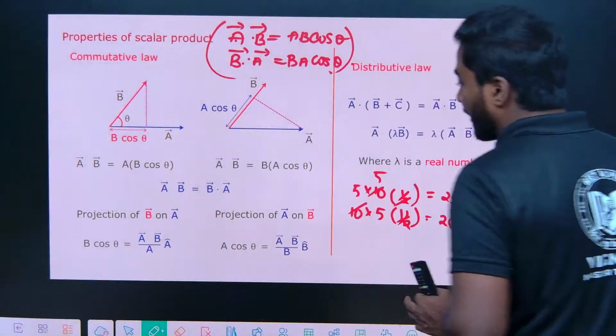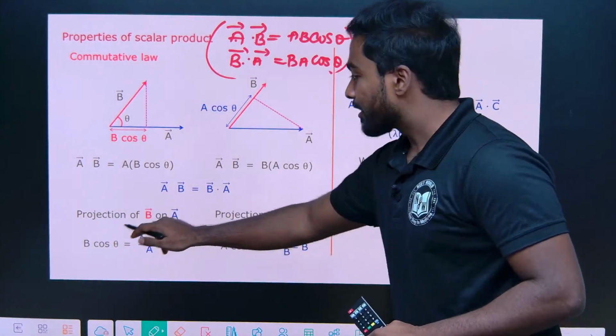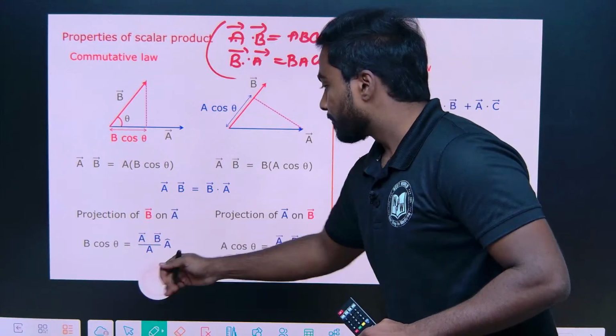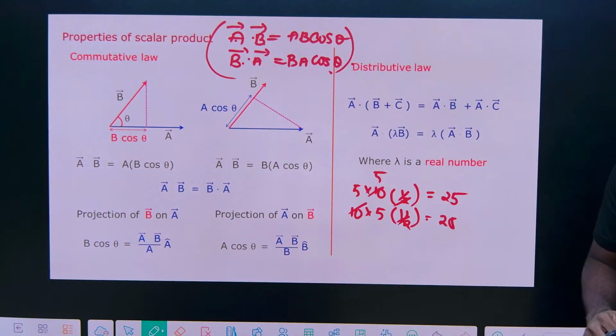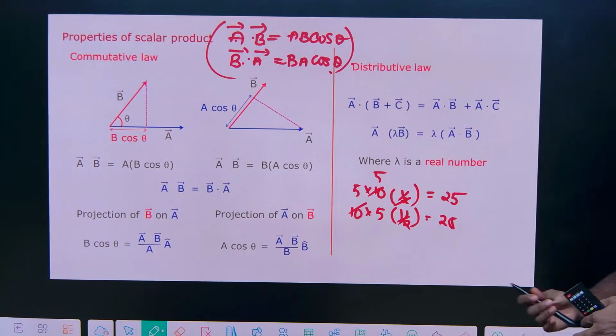And if I want the angle or a projection, the projection of B on A means B cos theta, which will be equal to B dot A, that is A dot B by the magnitude of A. We will see the projection again when we discuss problems, how to take the projection of B on A or A on B.